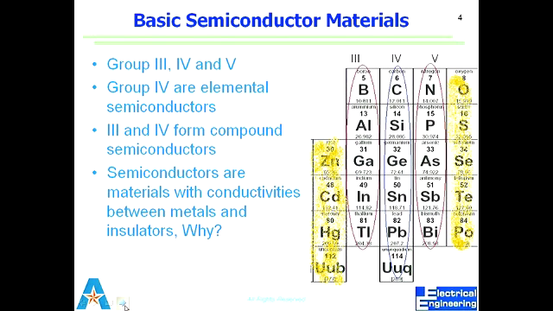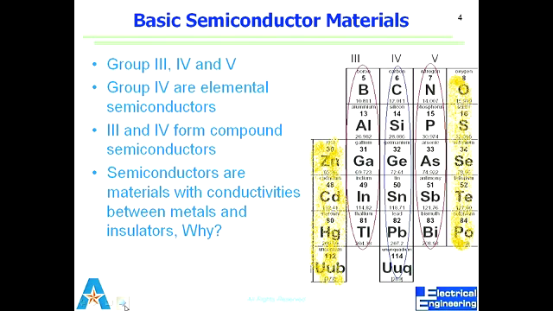The fourth group is where we have carbon, silicon, germanium, and the distinguishing factor for this group is that the outermost electron shell is half filled.